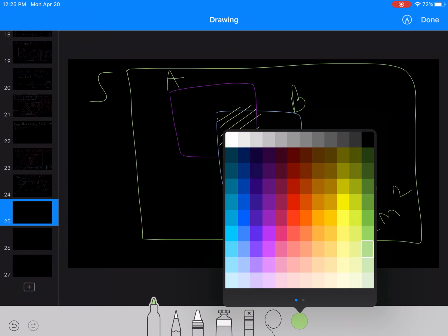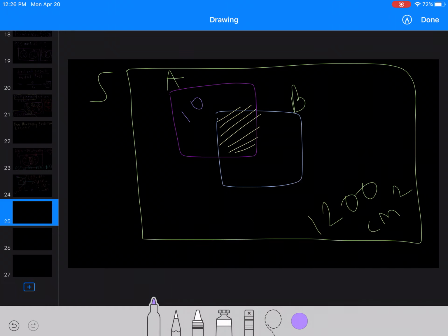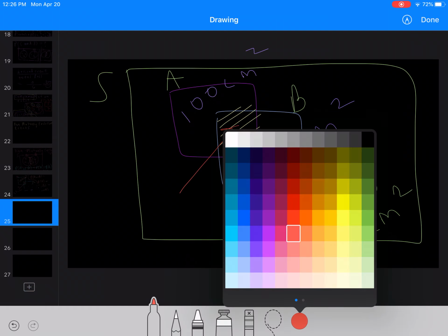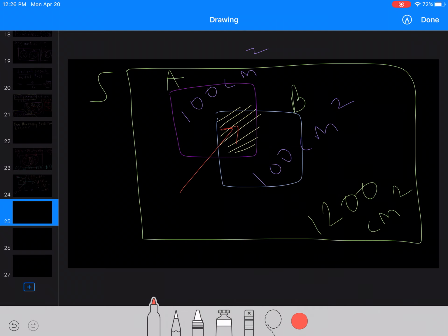The purple area has an area of 100 centimeters squared. The B area has 100 centimeters squared as well. Now, the area of that overlap is 25 centimeters squared.